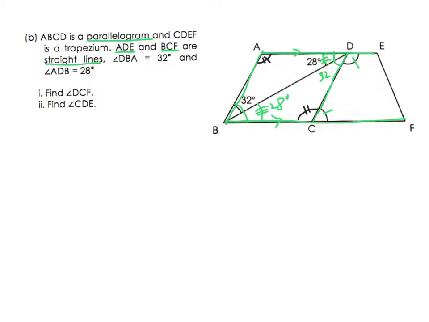And now we can solve for the other angle over here and the other angle over there. So we know that the sum of the angles inside a quadrilateral, any quadrilateral for that matter, is 360 degrees. So let's subtract 60, because that's this one, 32 and 28, and subtract another 60 from the other side.